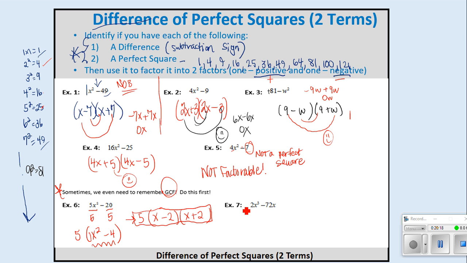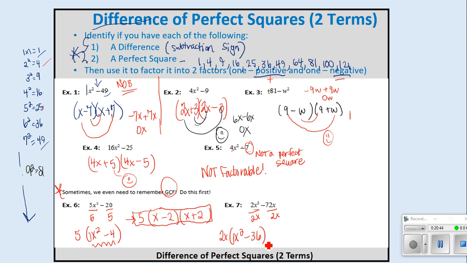Okay, let's take a look at number 7. What do they have in common? They have a 2 in common and they have an x. So the greatest common factor is 2x. So we take that 2x out. What's left over? x squared minus 36. Is x squared a perfect square? It sure is.